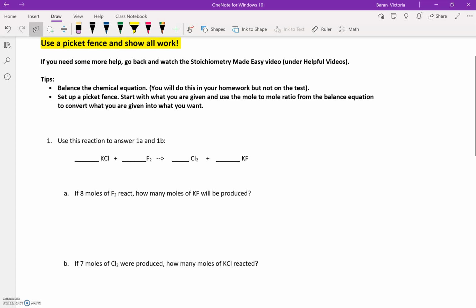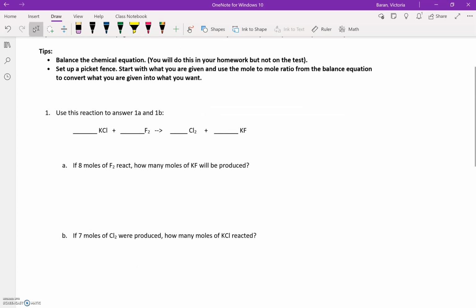So with the moles to moles conversions, you are going to be using a balanced chemical equation to help you convert from moles of one substance into moles of another substance. The balanced equation, the numbers that go in front. So if I'm going to balance this equation real quick, I put a 2 here so that I have 2 chlorines on either side.